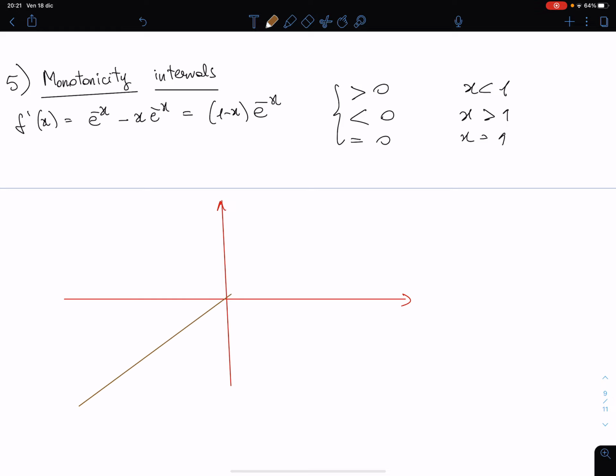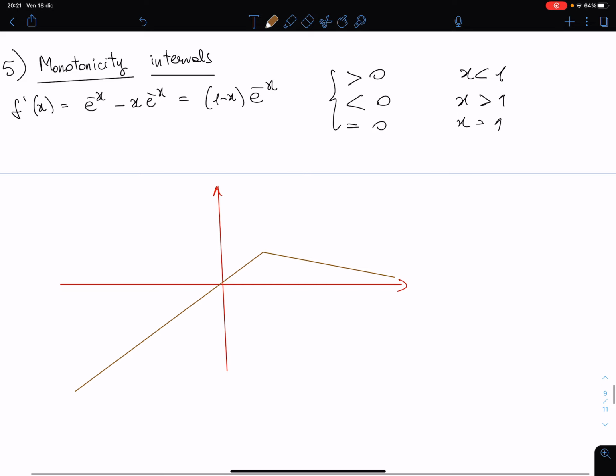It will be very rough. It passes through 0, then at 1 it arrives here, and then starts decreasing up to 0. Very roughly. So this is the only possible graph, by the aid of the sign.